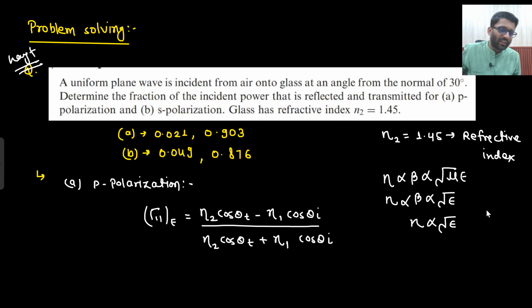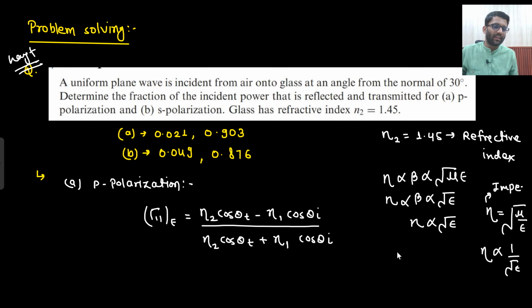But if you remember the eta formula, this is my intrinsic impedance. What is the formula for that? Under root mu by epsilon, right? So this eta is inversely proportional to under root epsilon. So from here, this n is inversely proportional to eta.